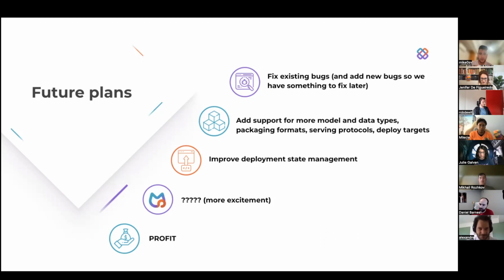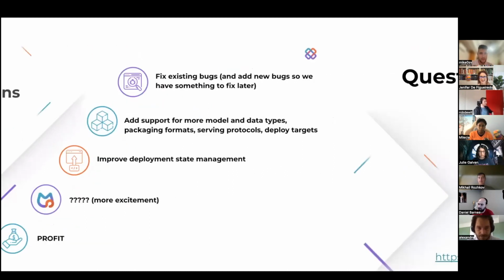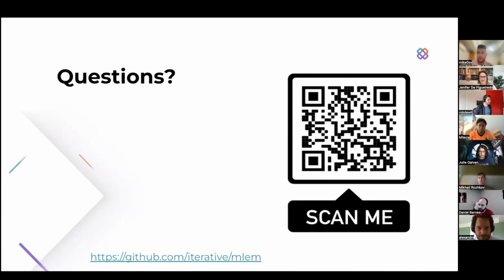As I said, we're going to work heavily on the deployment to get rid of this experimental tag, and probably some more exciting things that we don't know yet. Okay, and now we're ready to go to the demo part.